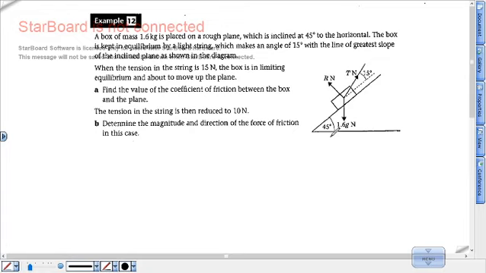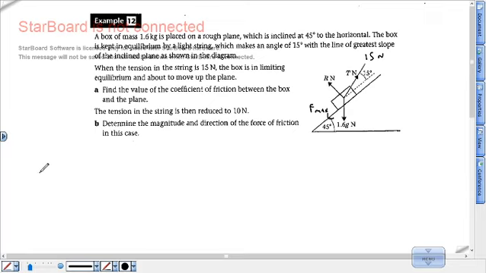When the tension of the string is 15 newtons, the box is in limiting equilibrium and about to move up the plane. So F max must be acting down the plane, F max. Find the value of the coefficient of friction between the box and the plane.